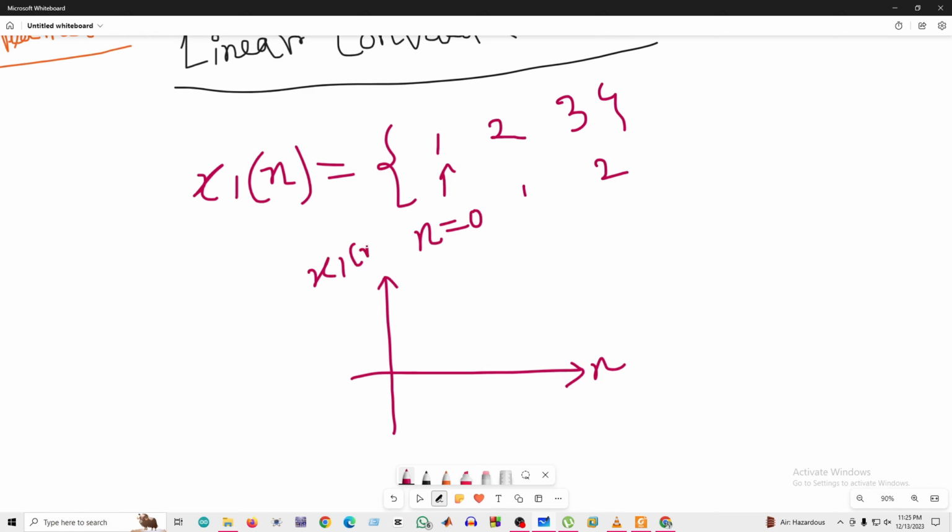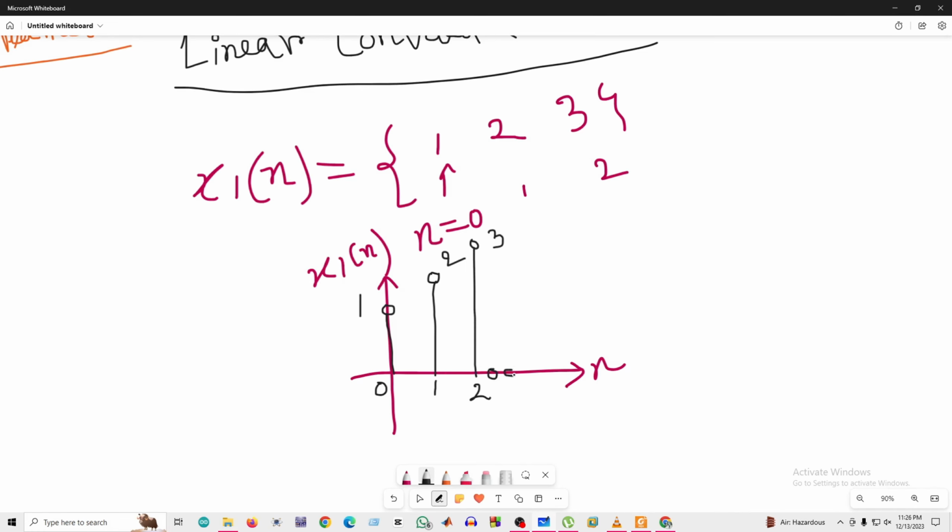So x1 of n. The n equal to 0 implies that the center is here. You have a sample at 0, and the height of the sample is 1, right? And at the time index n equal to 1 you have another sample, with magnitude or height 2, and you have another sample at 2 with height 3.